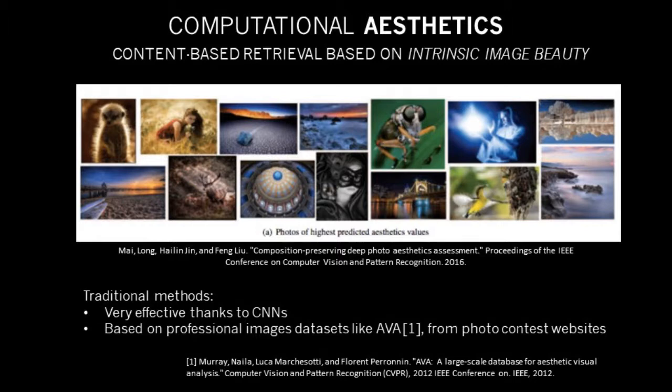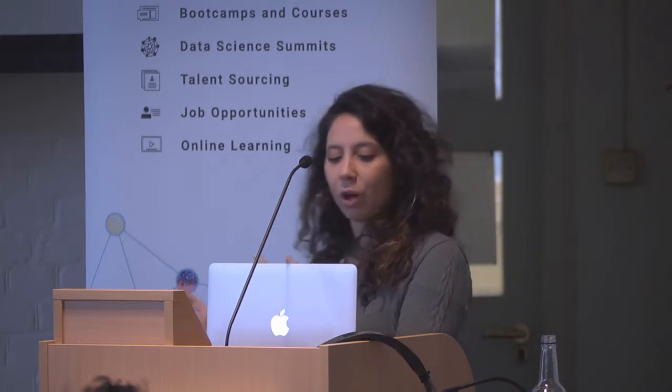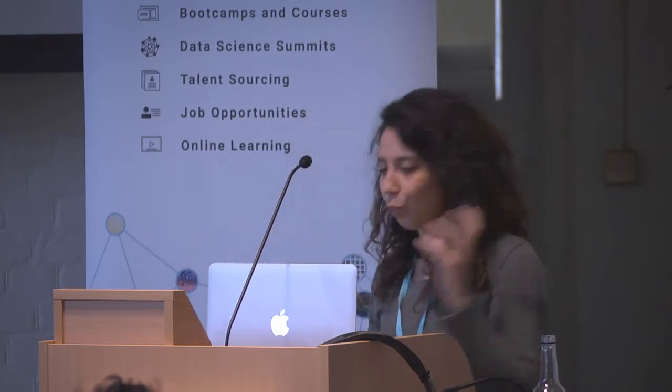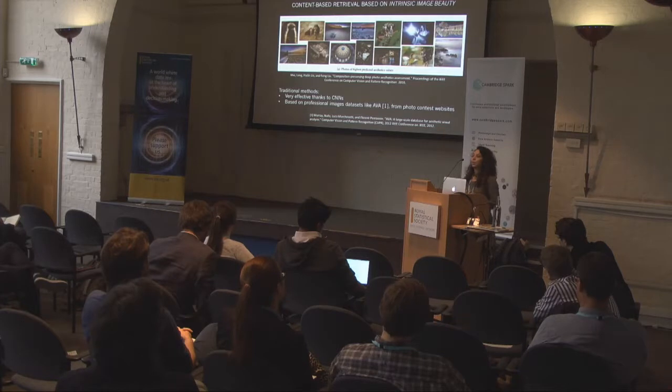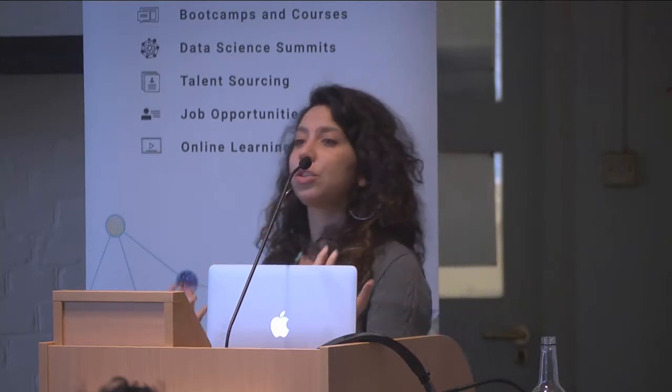When I was working for a big internet company, everybody was super excited about having a computational aesthetic model for image search, because of course you want to retrieve not only images of cats, but beautiful images of cats. And so we had this super beautiful computational aesthetic model trained on a neural network, trained on research data sets for computational aesthetics, which are very big, but very much coming from professional photographers.